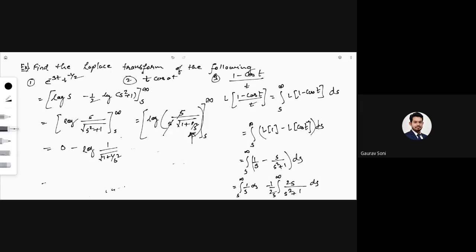Which I can simplify and write as the same thing that we started with, s upon under root 1 plus s square. Do the cross multiplication, take s square outside, which will go in the numerator, and the answer is plus log of root 1 plus s square divided by s. Any problem, please ask.